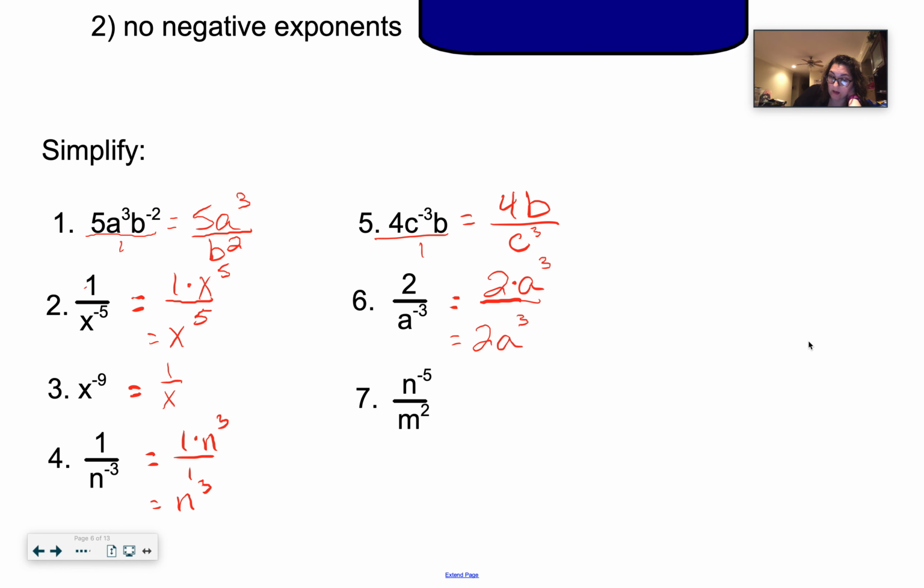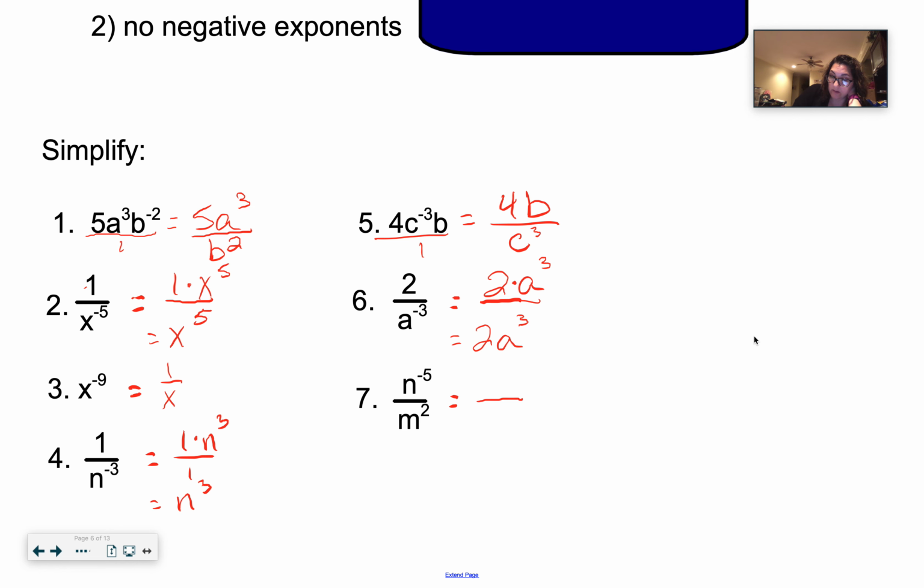Okay? Number 7, notice that m in the denominator is positive. N in the numerator, the exponent's negative. So I've got a fraction. I'm going to draw my fraction bar. This n to the negative 5 is actually going to flip to the bottom.